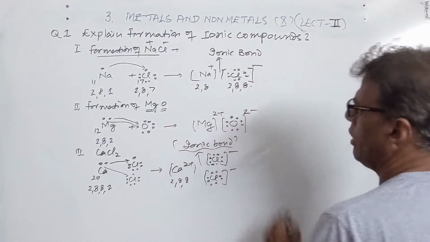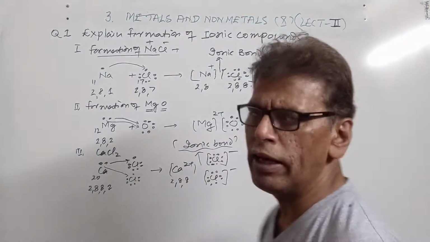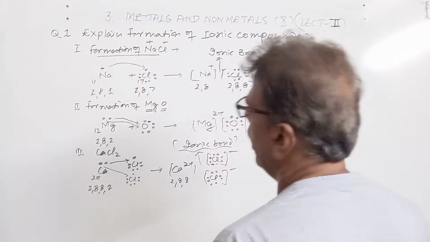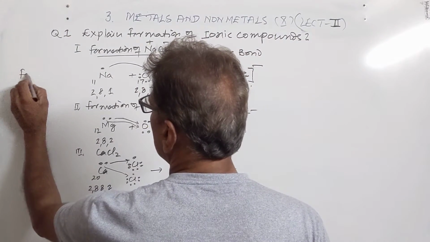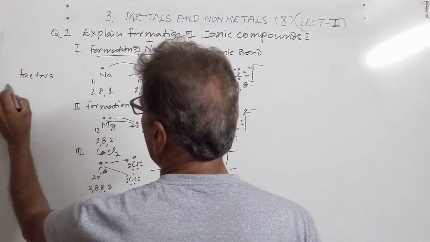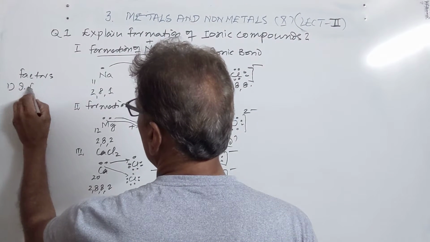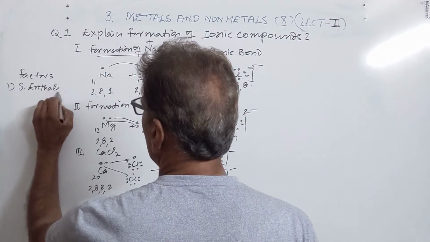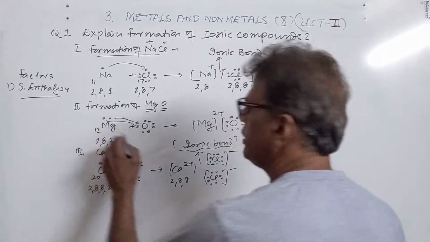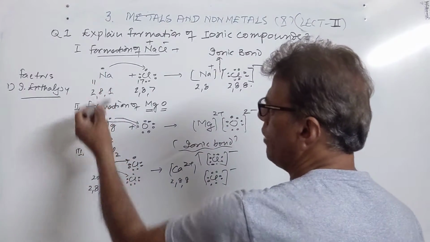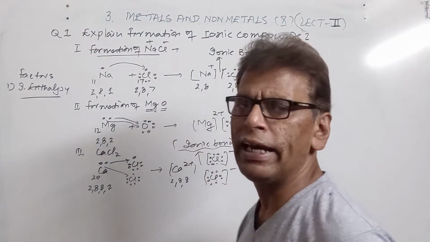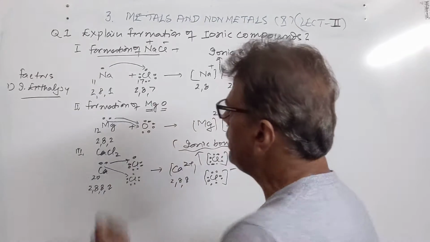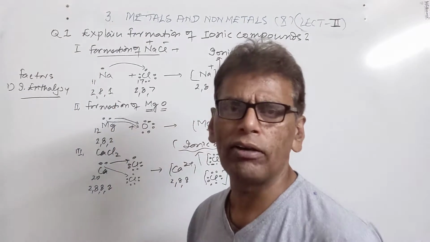Now what are the factors which affect the formation of ionic bond? First is the ionization enthalpy. The atoms which are to lose electron, sodium in the first case, magnesium in the second case, calcium in the third case, are the species which are to lose electron.